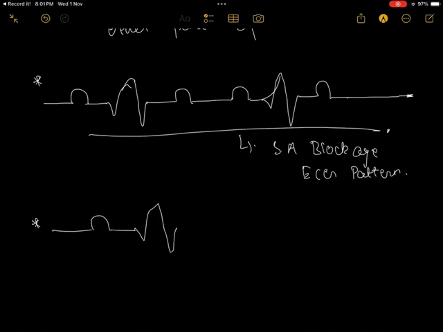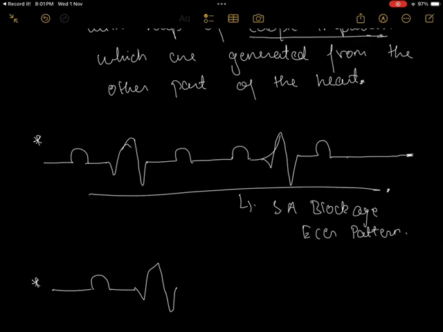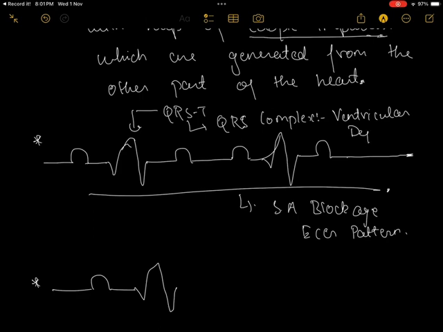Like you might have studied in cardiac physiology, the QRST complex, or if you take only the QRS complex, it defines the ventricular depolarization, means there will be contraction in ventricles seen.